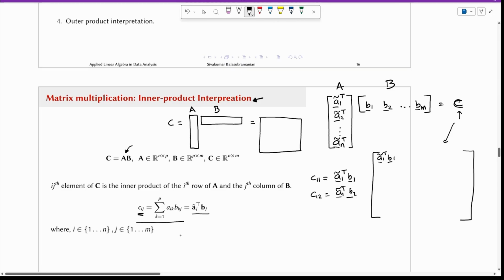What will be the second element? Well, it will be the first element of A multiplied by the second element of B. It will be A1 tilde transpose B2, so on and so forth. And what will be the ijth element? Ai.